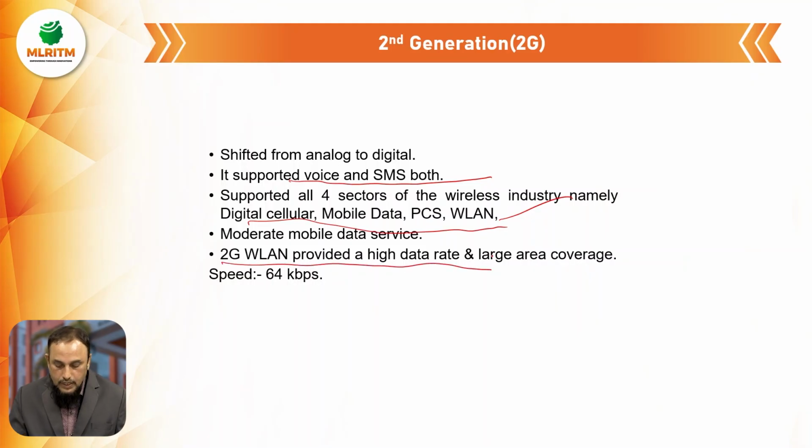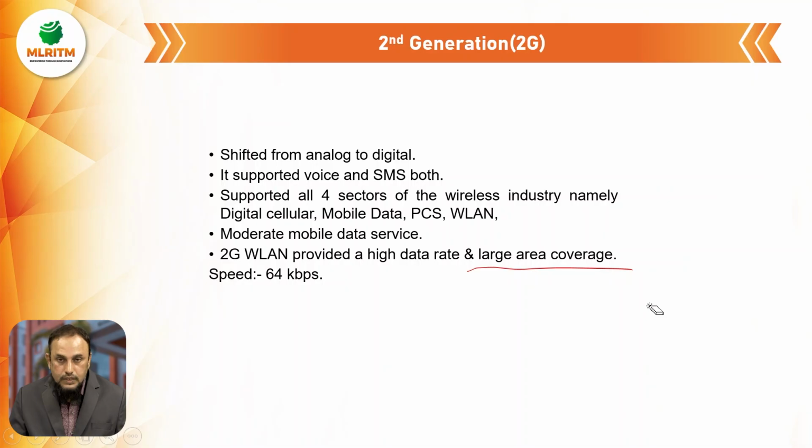Data rates will be high, and in 2G we can cover a large area. The speed will be increased. Previously it was 2.5 kilobytes per second, but here 64 kilobytes per second. We have increased the speed.